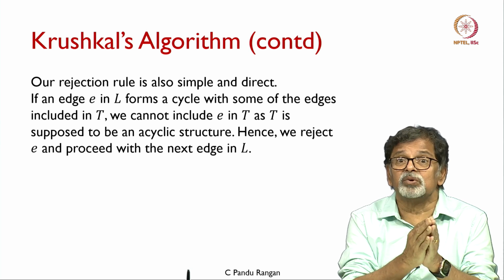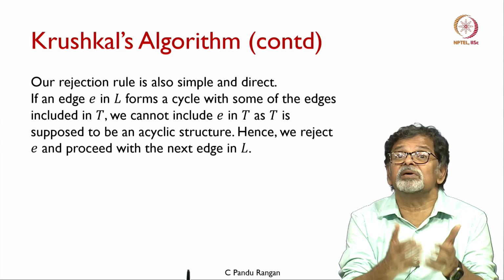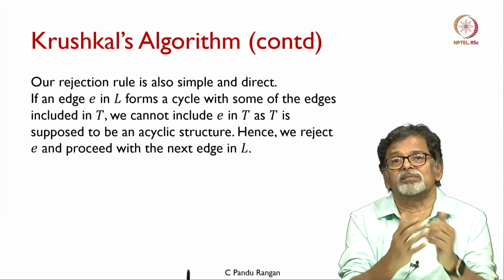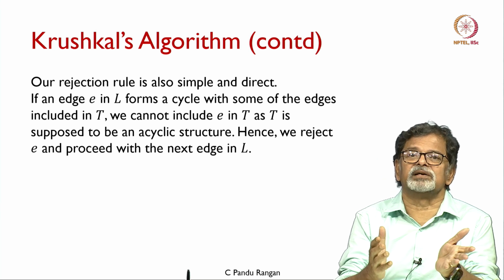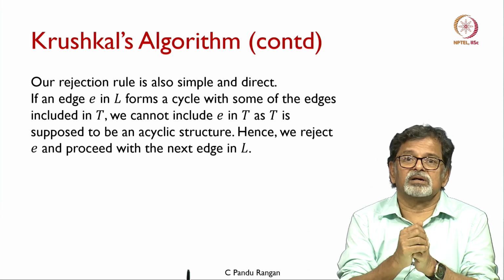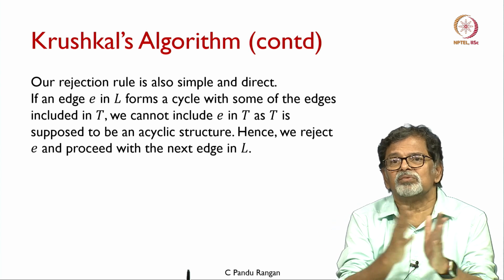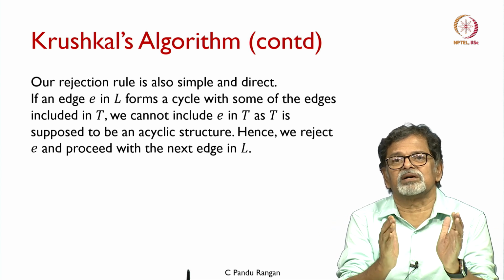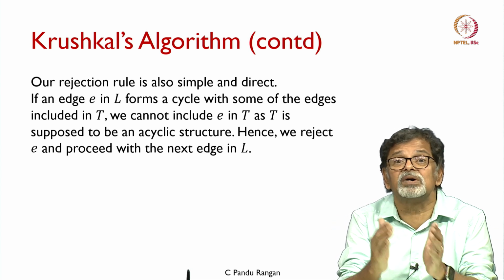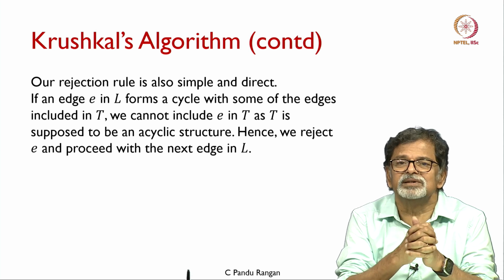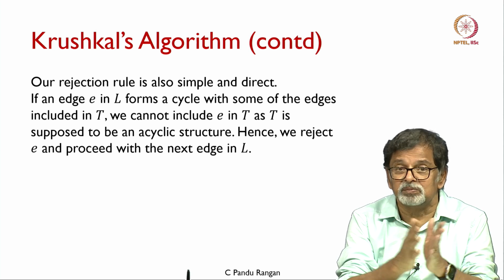Secondly, we have to prove that they are the edges of a minimum spanning tree. Even if they form a tree, if it is a costlier tree, then we do not want such a set of edges. We want a set of edges that form the minimum cost spanning tree. So those things are to be proved.